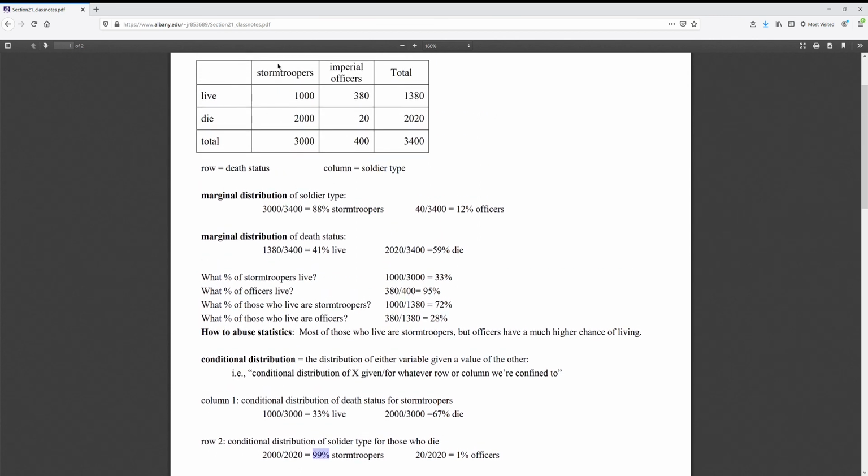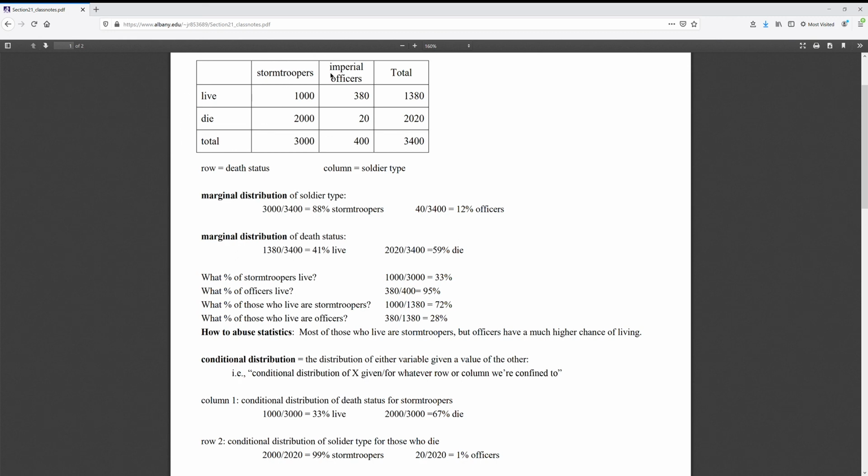So you have as many conditional distributions as you can formulate here. You've got a conditional distribution for however many rows you've got, a conditional distribution for however many columns you've got, and 2 marginal distributions. So there's all kinds of ways you can look at it. This, of course, is only 2 values of the one and 2 values of the other, so it's on the simple side. But of course, you're going to have a lot of categories.